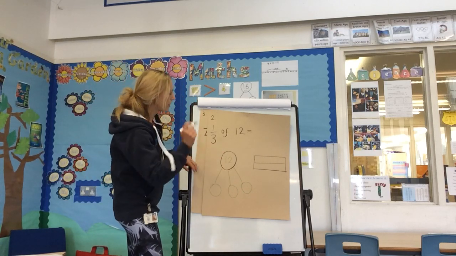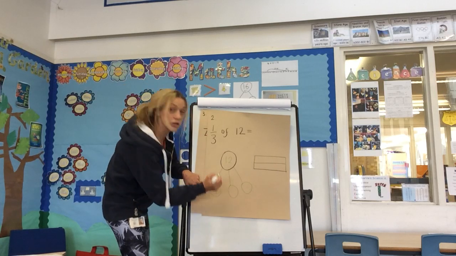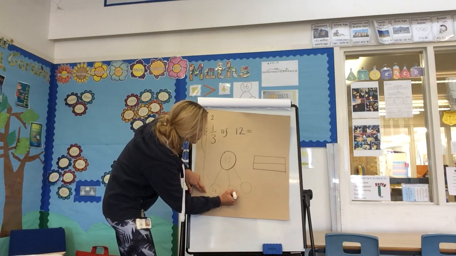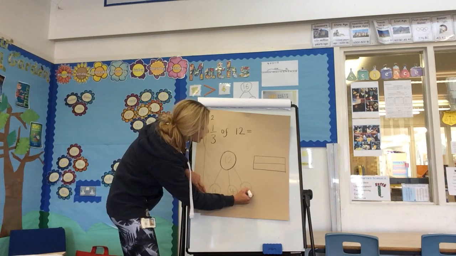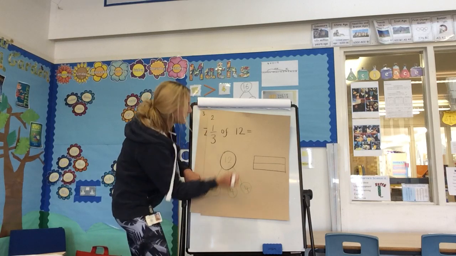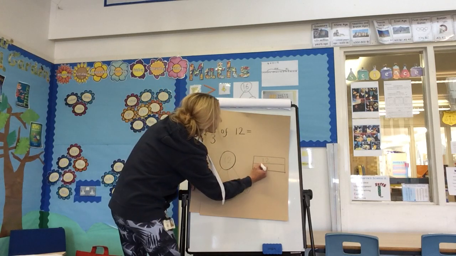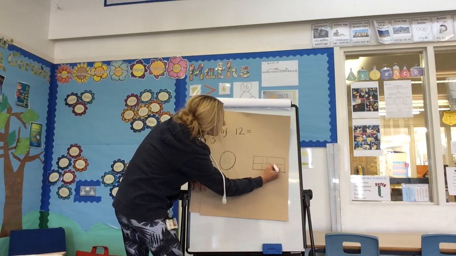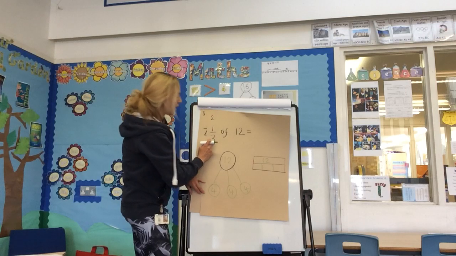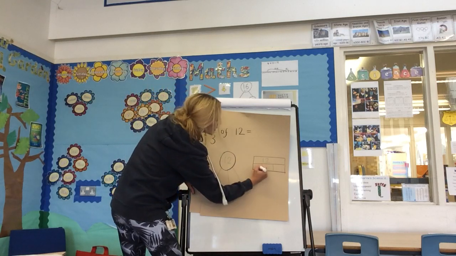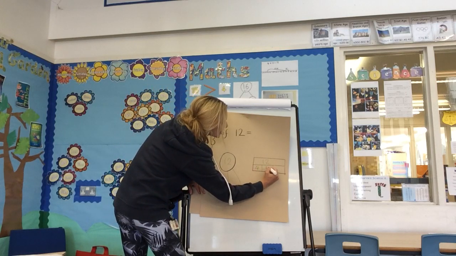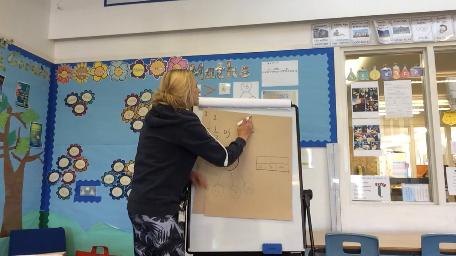Now, using my times tables head, 3 into 12, got to be equal. What's a 12? 3 4s are 12. You can do the dots of sharing if that helps you. 4, 8, 12. On my bar model, 12. I split my bottom bar into 3: 1, 2, 3. I've got my 3 here. 12 shared is 4.